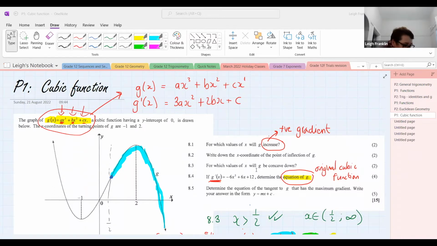All right, so does anybody know where the maximum gradient is on a cubic function? It's a more difficult knowledge question.